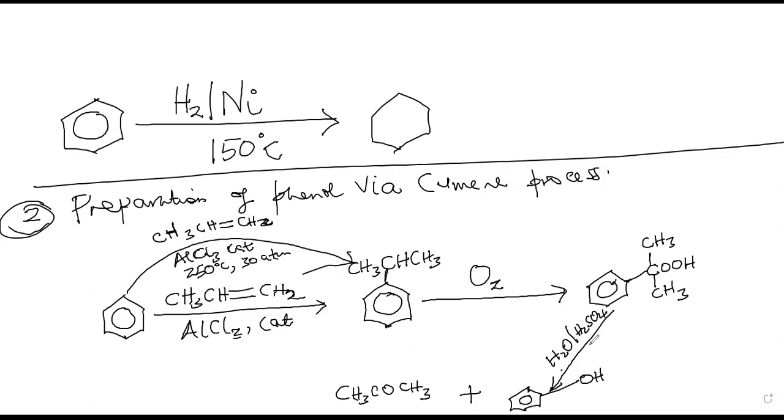So those are the two major uses of benzene. There are others, but these are the two major uses that we can use in the lab to prepare some derivatives which are quite important. So still in the same video, allow me to talk about the derivatives of benzene.